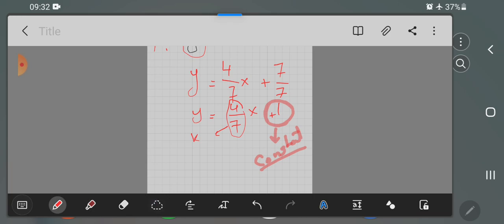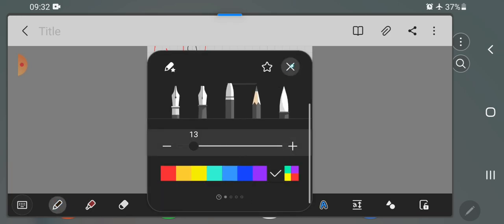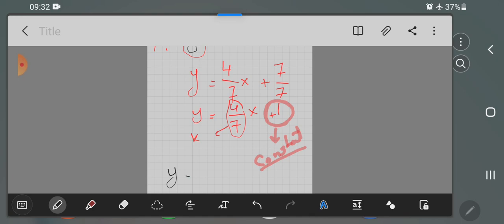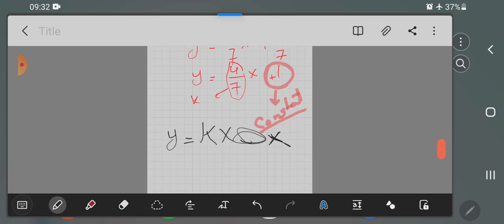Let's check our relation y equal kx. Do you have here any constant? No, I don't have any constant. So in this case, it's not a direct variation, it's an indirect variation. Why, miss? I already have a value of x.